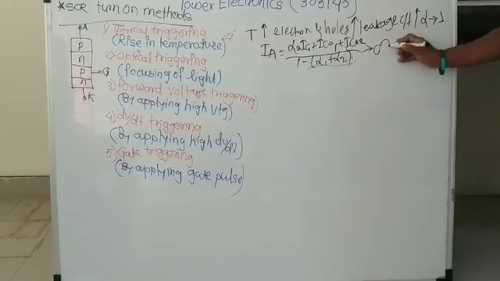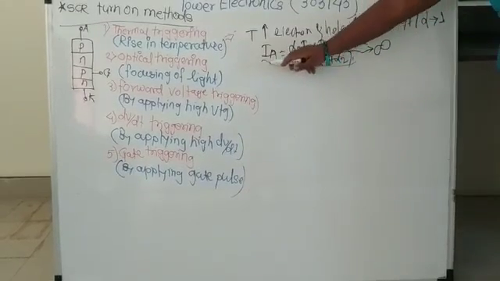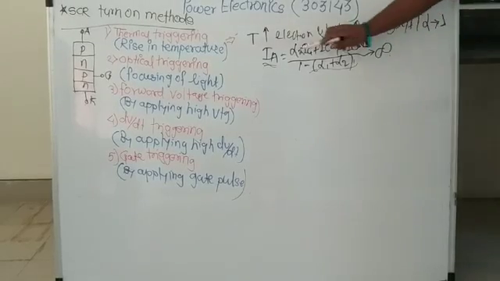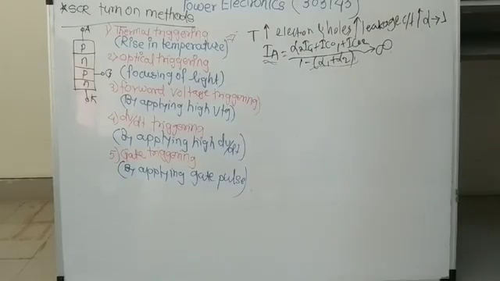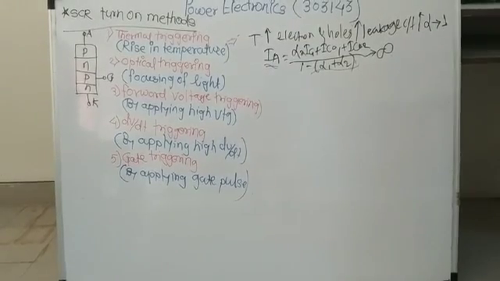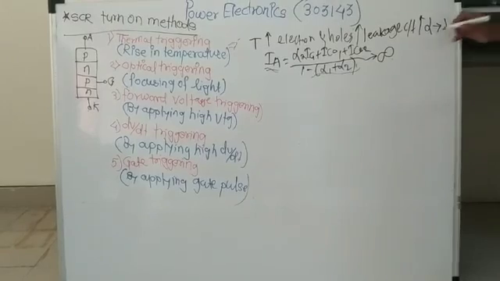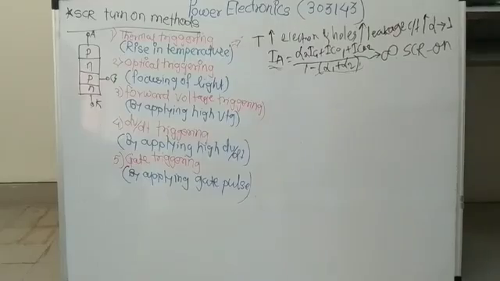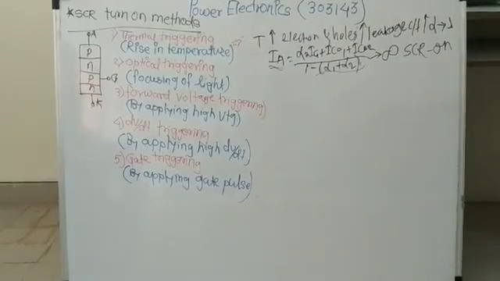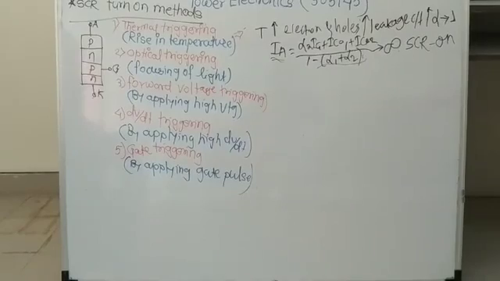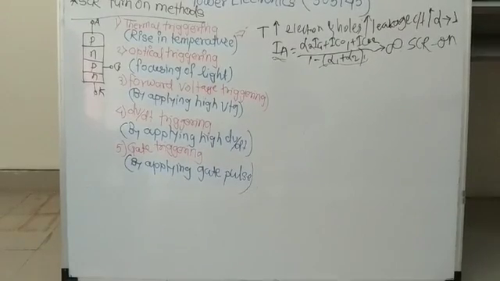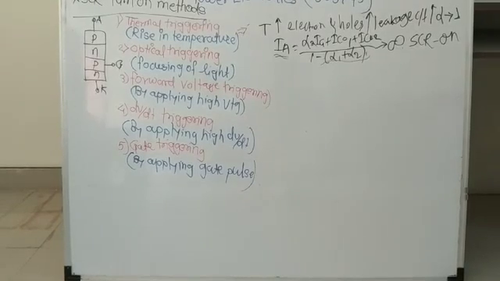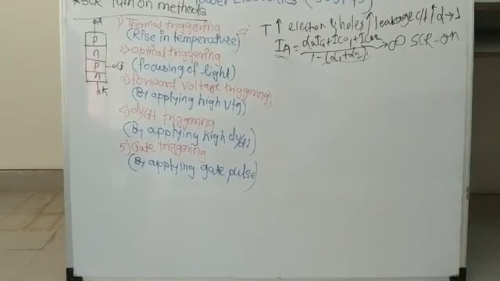It tends to infinity, means indirectly your anode current tends to infinity, means anode current starts flowing through SCR, and as anode current starts flowing through SCR your SCR gets turned on due to increasing temperature. Hence the first method is called thermal triggering or by rising the temperature. In this way we can turn on SCR by rising temperature.